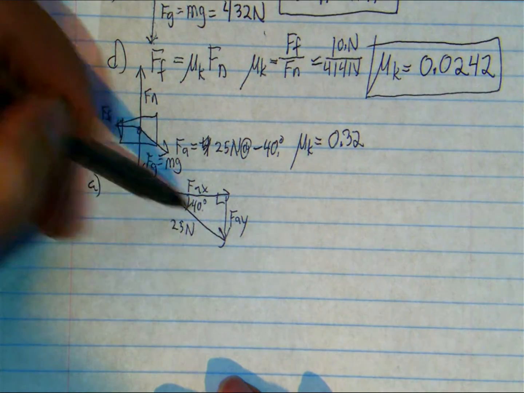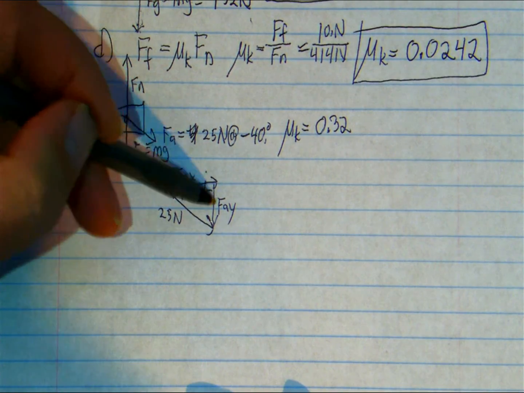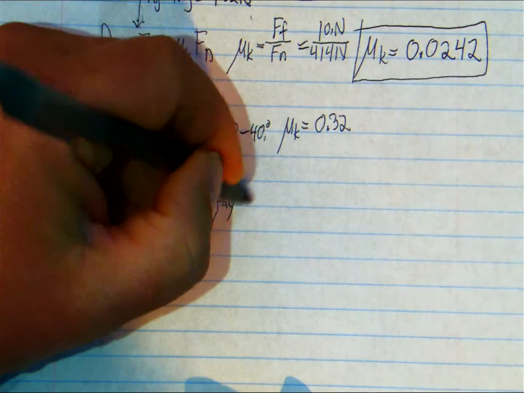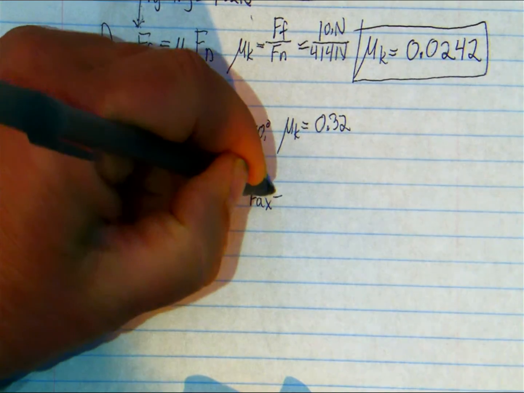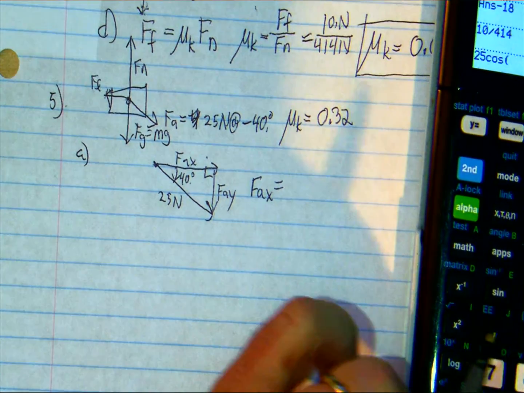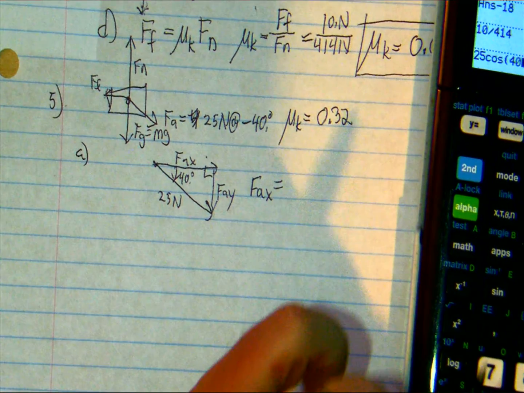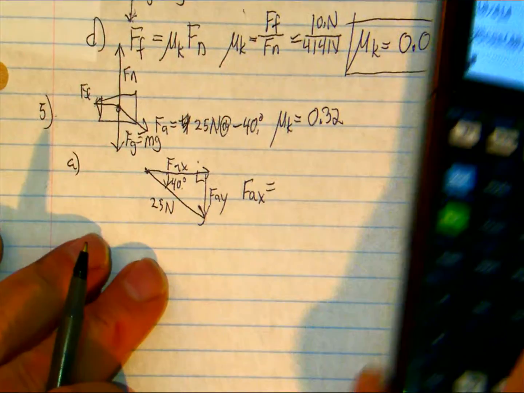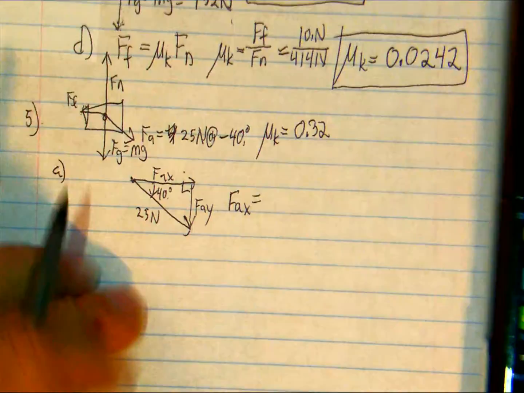Again, cosine is the adjacent side, sine is the opposite side. So the x component of the applied force is going to be 25 cosine 40 degrees. Enter. Calculator says 19.2 newtons.